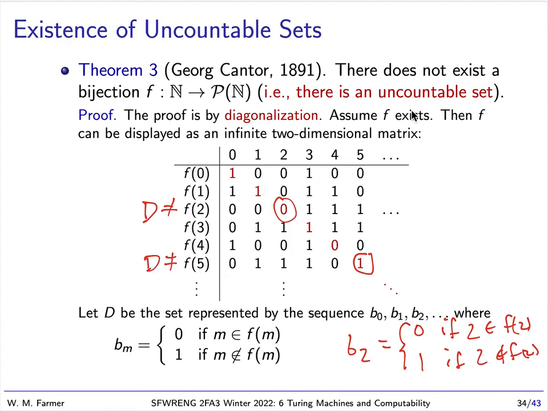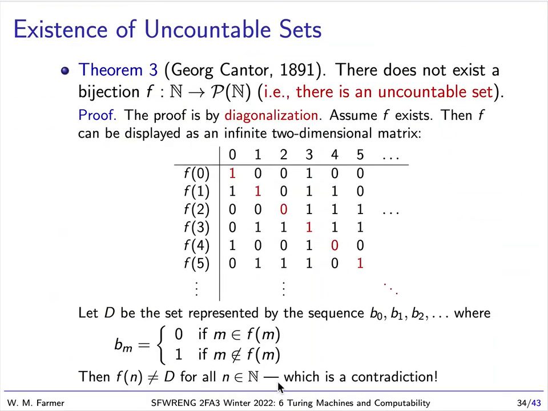Therefore, we can assume that this is not true: F does not exist. So f of n does not equal D for all n, and this is a contradiction. Therefore, there does not exist a bijection, and we know this set is going to be uncountable. We know it's bigger than N.